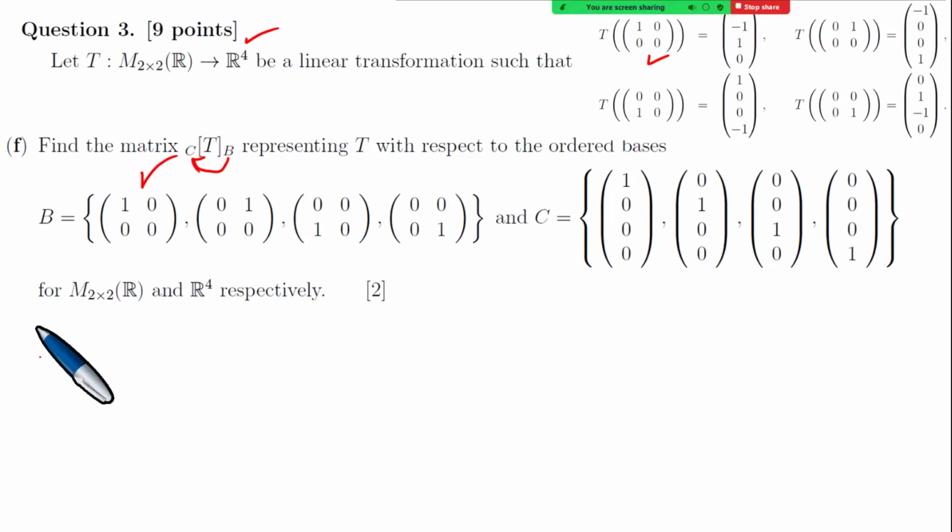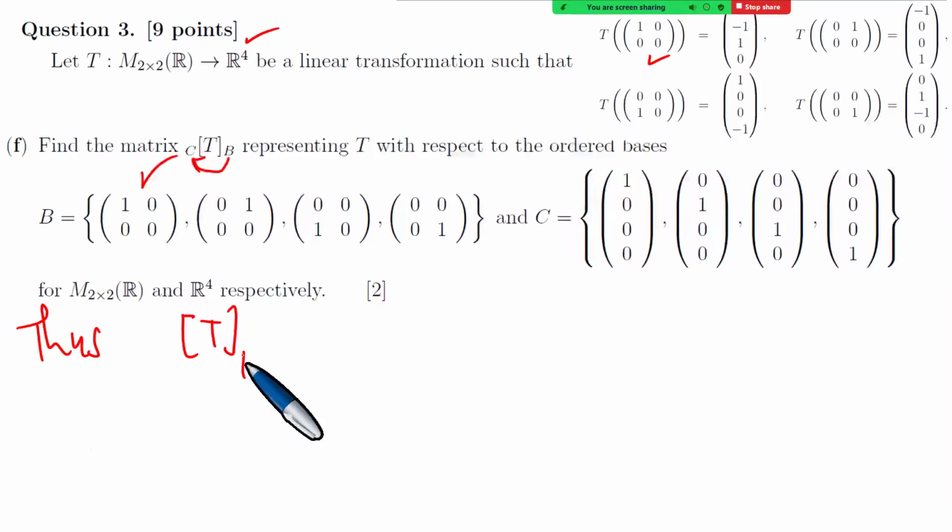Thus, there are many ways to do that, but we can also write it more elaborately. Let us analyze these together.